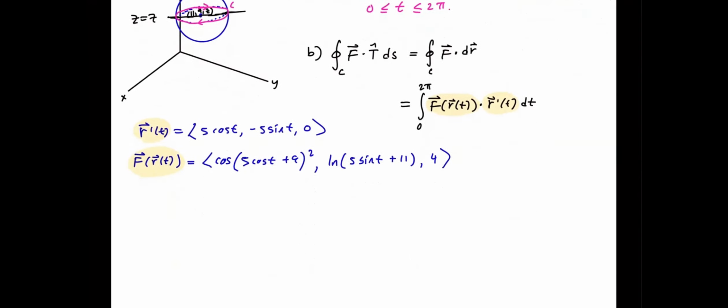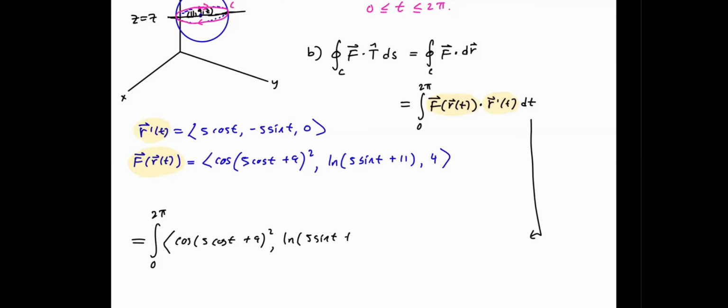So let's continue. Our answer to B is continuing right here. So we'll have the integral from 0 to 2 pi of f of r of t. So this would be cosine of (5 cosine t plus 9) squared, ln of (5 sine of t plus 11), 4. We're going to dot that with our r prime.